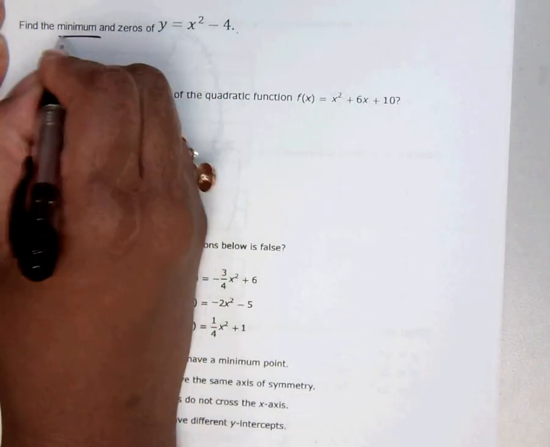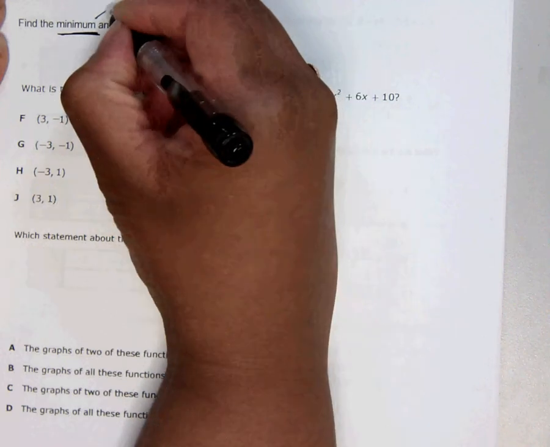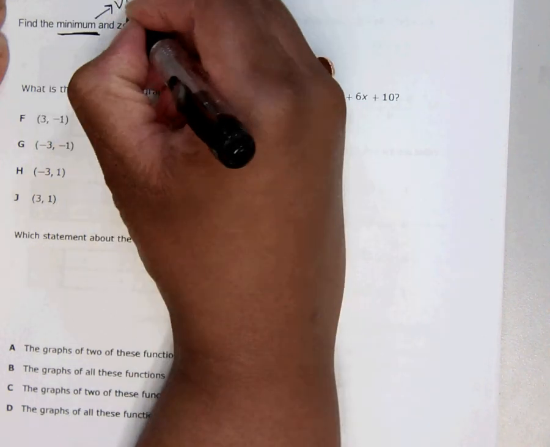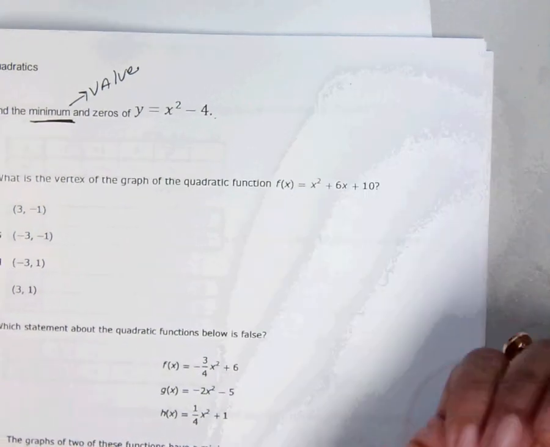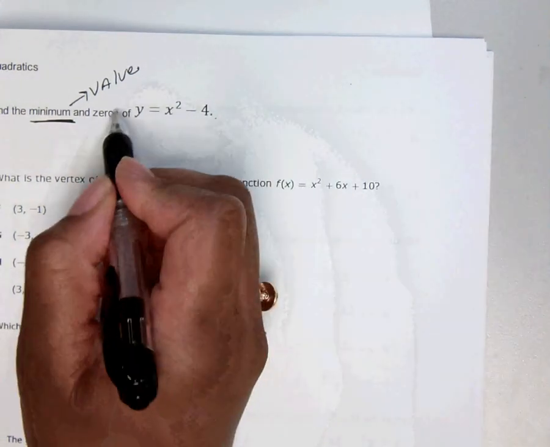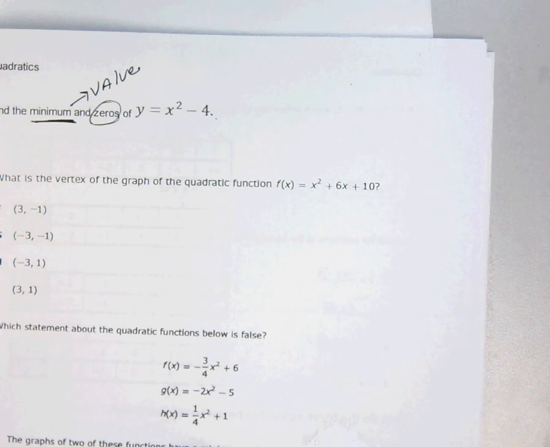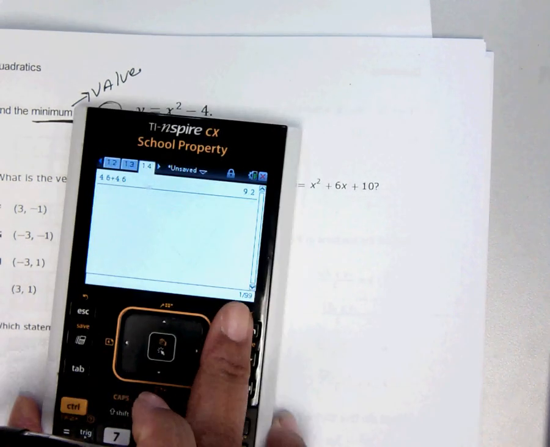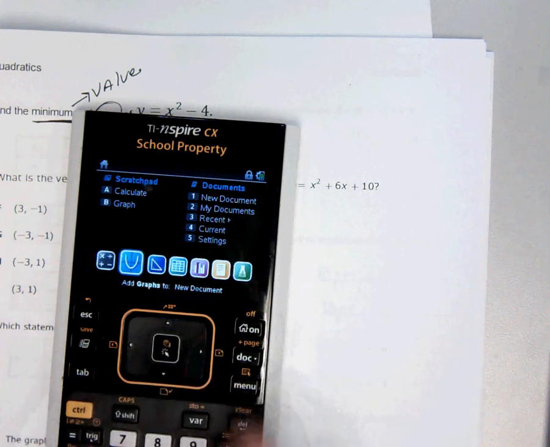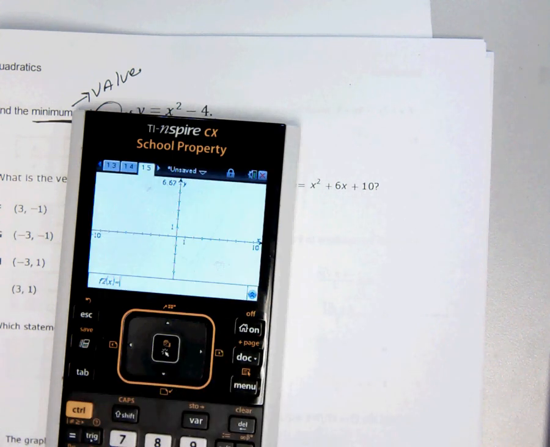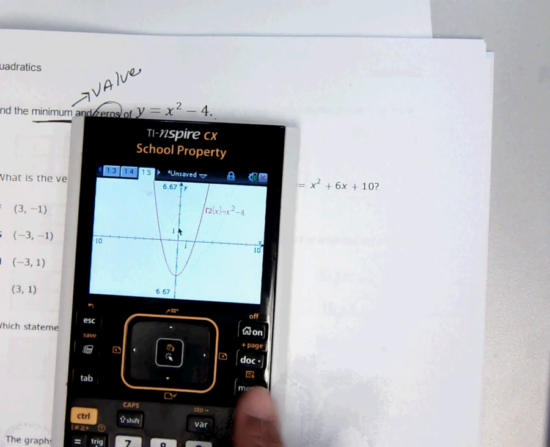What is the minimum? And let's make that clear. I want the minimum value, because the minimum point is the same thing as the vertex. And then I want to know the zeros. So I'm going to go to the calculator and let's see, add a graph, type in x squared minus 4, press enter, and I'm going to look for the minimum.